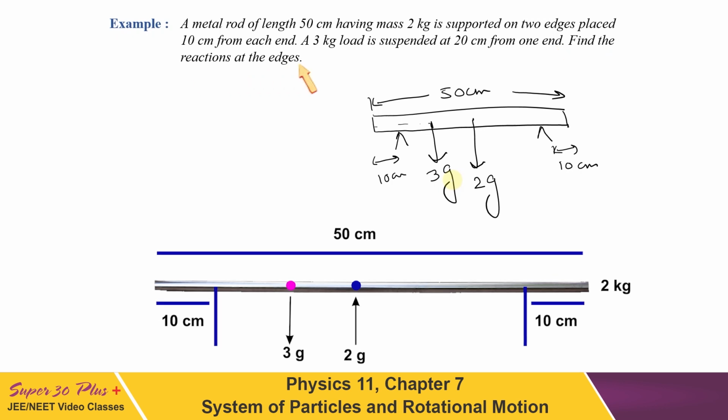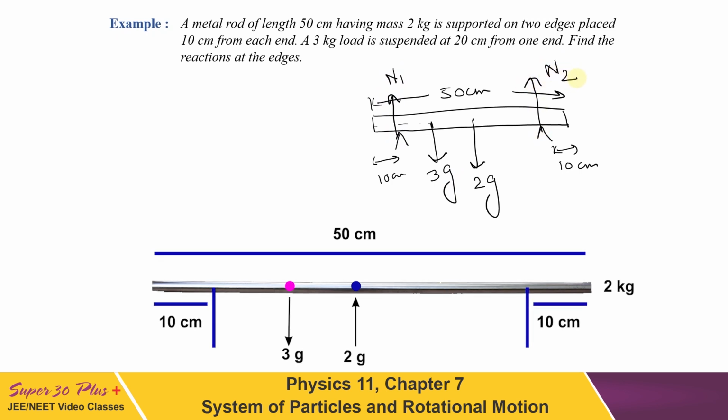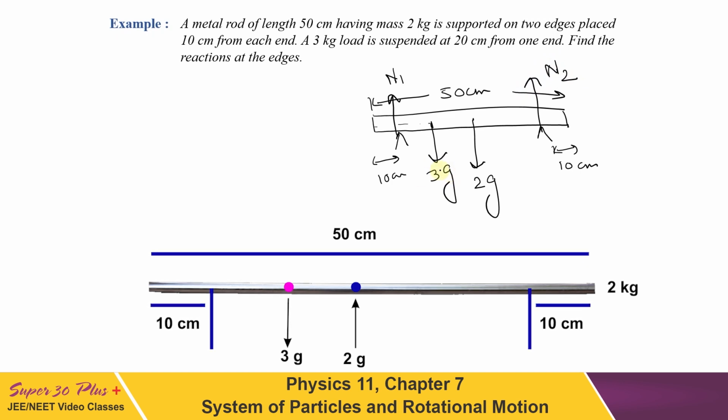Okay. Now again we have to apply the principle of moments. So let us consider that these reactions are N1 and N2. As you all know, if it were a symmetric condition, then we would have written these two normals to be equal. But since an external weight is applied on one side, we cannot write N1 equal to N2.